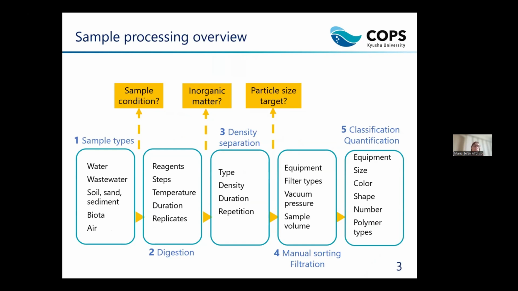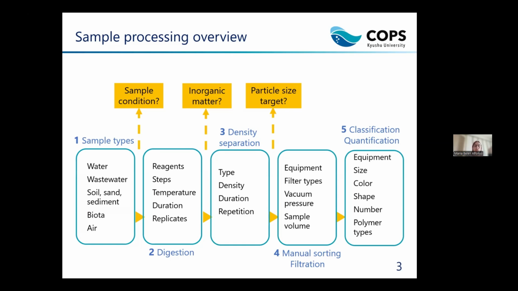So, sample types: we can have water samples in seawater, freshwater, wastewater, soil and sediment, biota, and air. Once we consider the sample condition, the following step is to consider what kind of chemicals you will use, considering the conditions of your sample, as explained before. Also, which steps you will include in the digestion, which temperature, which duration, and which replicates you will consider for the digestion process.